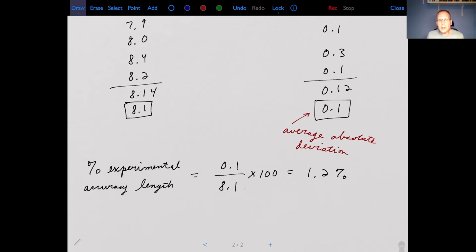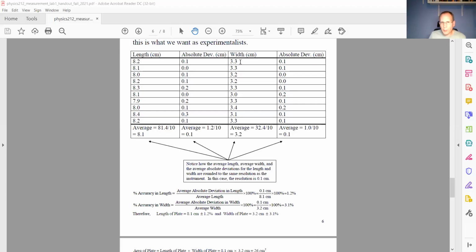Okay, so now you can do the same thing with the width. So let me go back to that handout for a second. I would average the 10 width values, round to the resolution of the instrument, round to one place. I'm going to get 3.2. Find all my absolute deviations. Remember, how far each value is away from the mean. So 0.1, 0.1, 0, 0, etc. Then I average these absolute deviations.